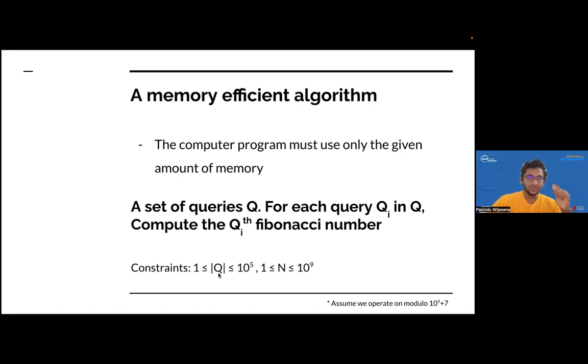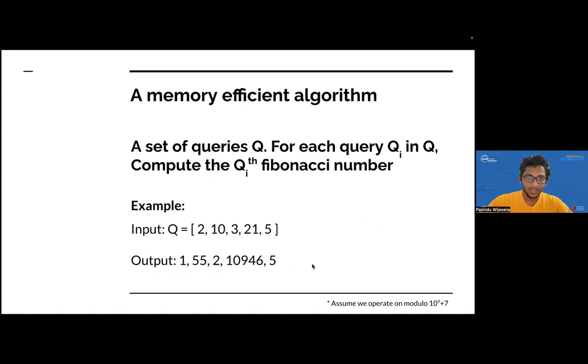And each one of those queries, Qi, is going to be between 1 and 1 billion. So this is the question that we have now. Here is an example. Let's say that the input query set Q has 2, 10, 3, 21, and 5.